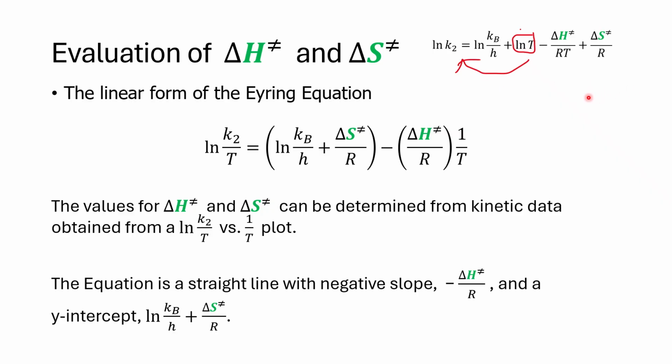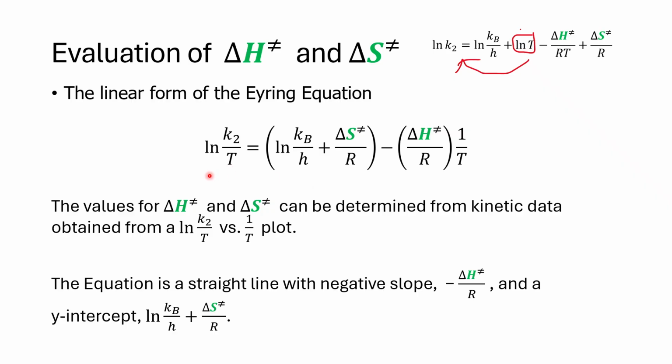we rearrange this into a linear relationship involving ln k2 over T. By having this, we can plot ln k2 over T versus 1 over T using experimental kinetic data gathered at various temperatures.